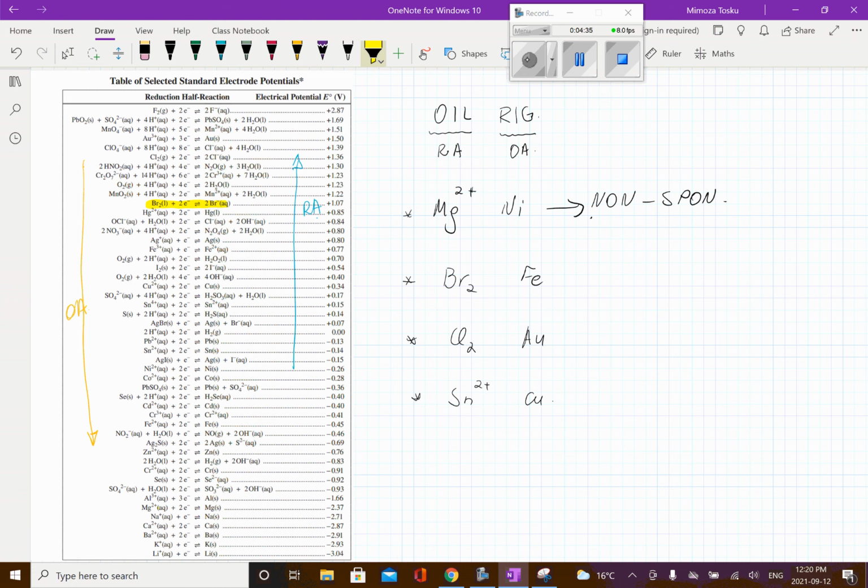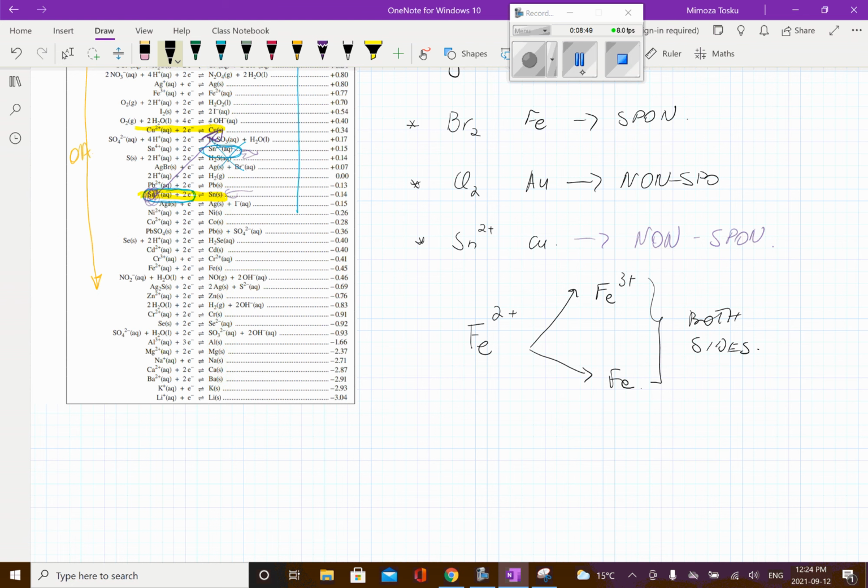If you are looking for an oxidizing agent, you have to look at the left side, and if you are looking for a reducing agent, you have to look at the right side of the reaction. Just pay attention to this.